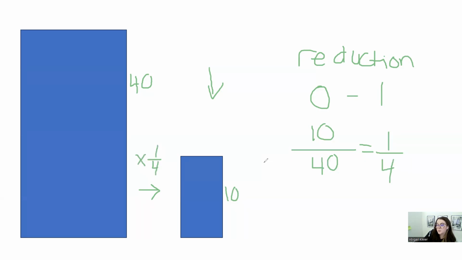We can check our reasonableness with this. We got an answer of 1/4. Does that fall in the range of 0 to 1? It does fall in the range of 0 to 1. A scale factor of 1/4 is smaller than 1 but bigger than 0. So that is a scale factor that would make our shape shrink in size.